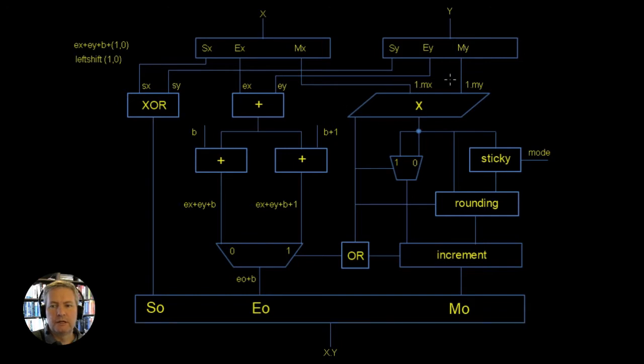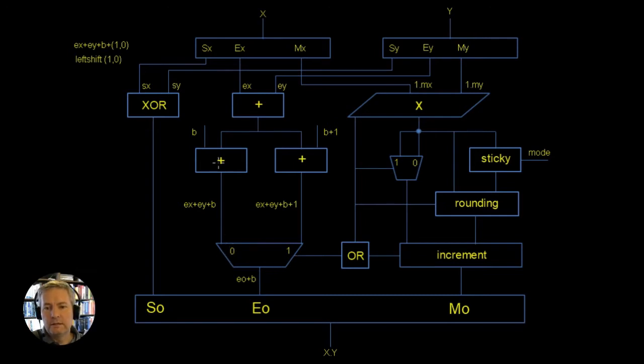So here's the multiplication here, and we're taking the 48th bit of this multiplication, so let's take it down here. Now ignoring this OR gate for the moment, this 48th bit comes in and we use this as a choice. So this 48th bit chooses whether we add a 1 or we add the 0. And we've got the multiplexer here and we choose adding a 1 or adding 0.